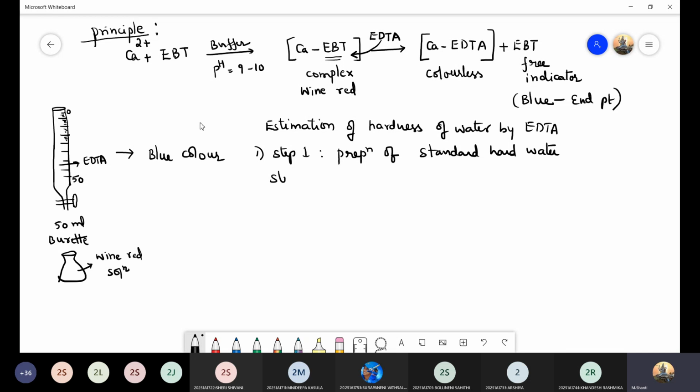Second is standardization of EDTA solution.